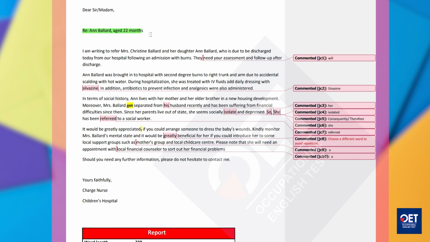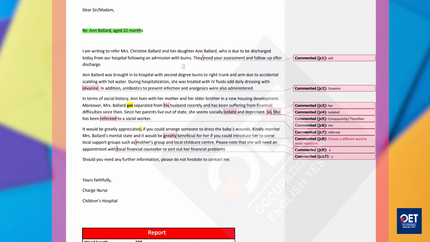Subject is good, fine. Now the introduction says, I'm writing to refer Mrs. Kristen Ballard and her daughter Anne Ballard, who is due to be discharged today from our hospital following an admission with burns. Here, everything about the patient and chief complaints has been written, and it's very clear what the chief complaints are and who the letter is about.